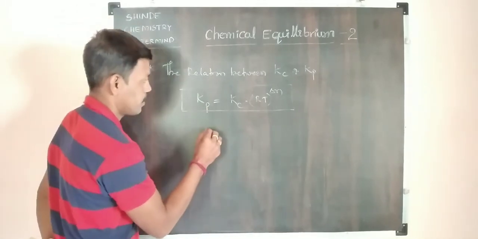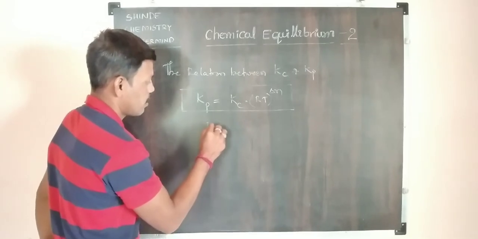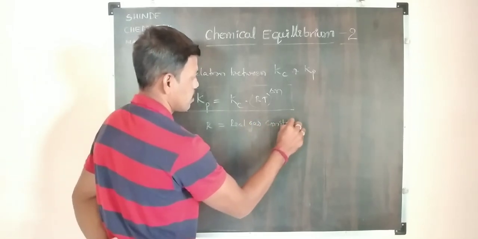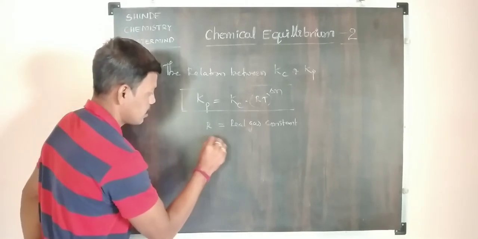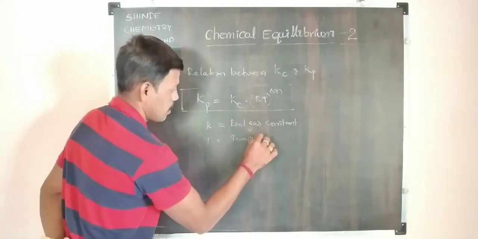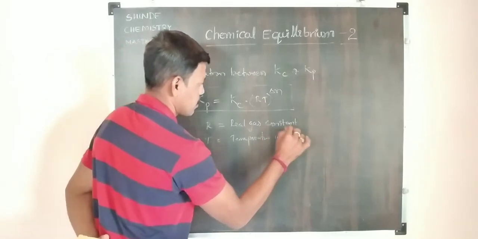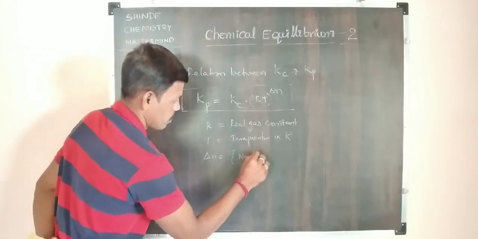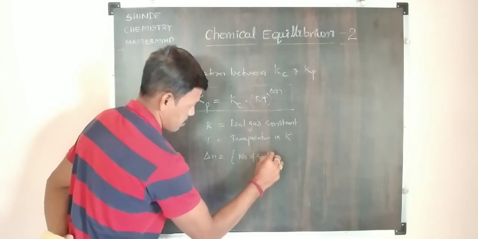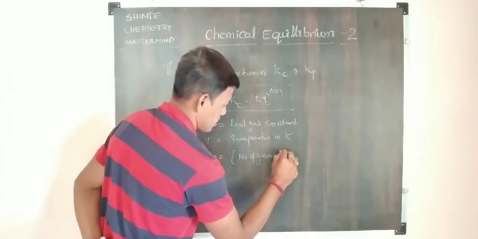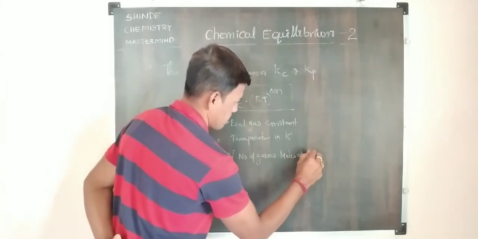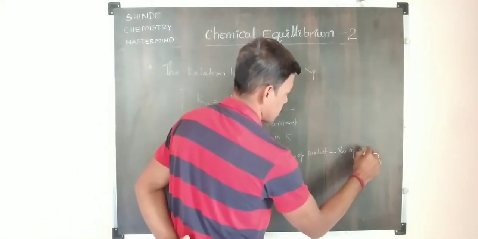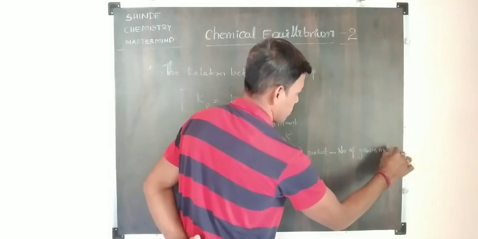According to this formula, R is the real gas constant, T is the temperature in kelvins, and delta n indicates the number of gaseous moles of products minus the number of gaseous moles of reactants.